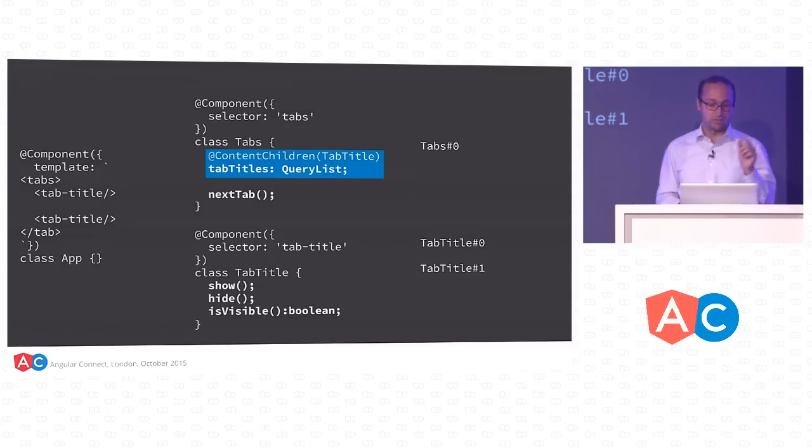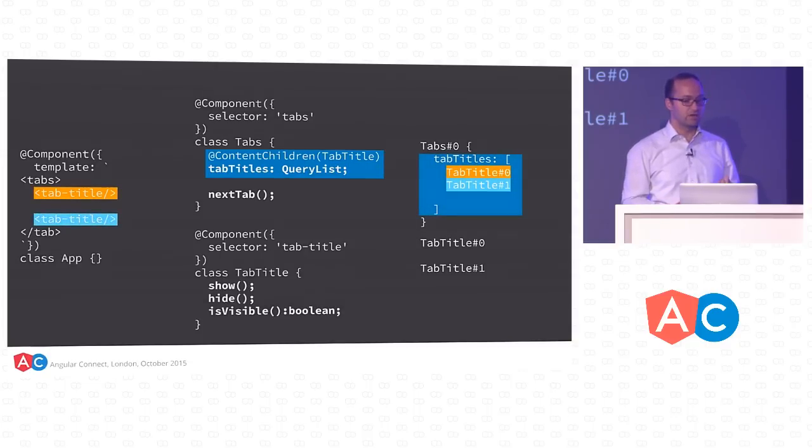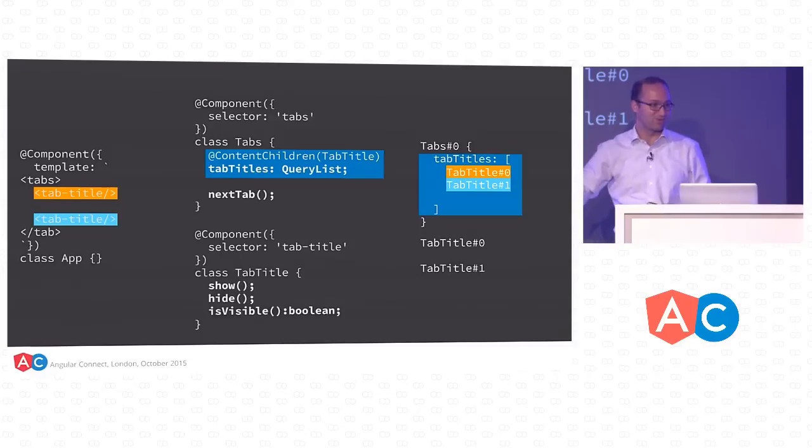For this, Angular 2 has a new annotation. We call it ContentChildren. If you place this on this property, tabTitles, and you run the application, then you'll see that Angular fills this array automatically for you. And it fills it in the correct order. So let's say the application puts 2 different tab titles in there, an orange one and a light blue one.